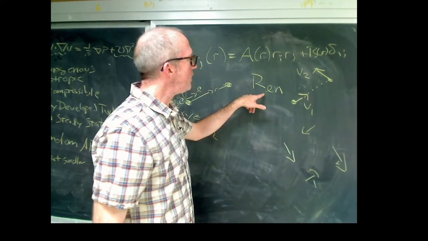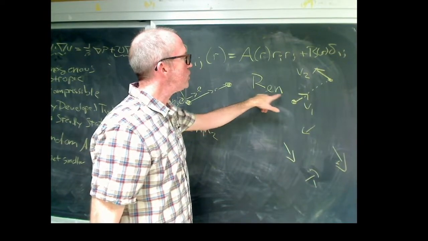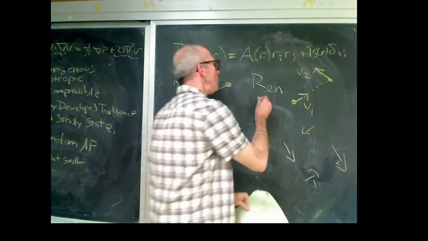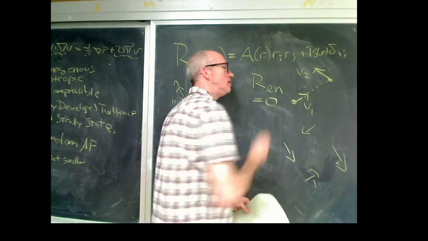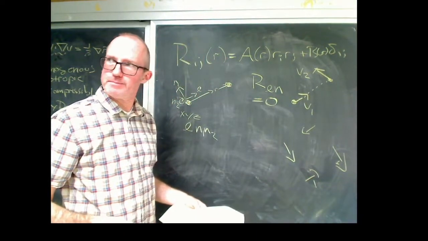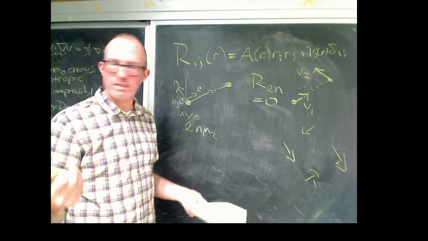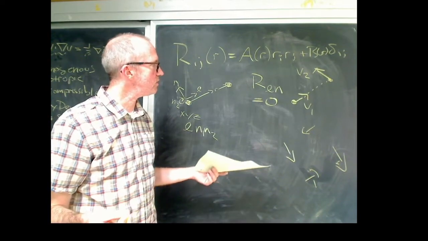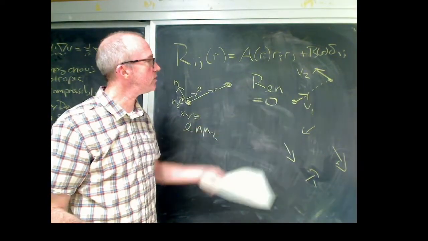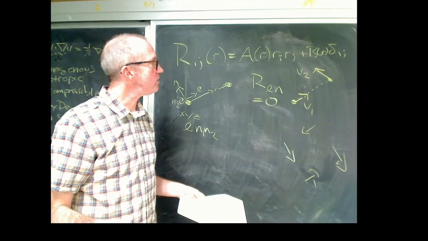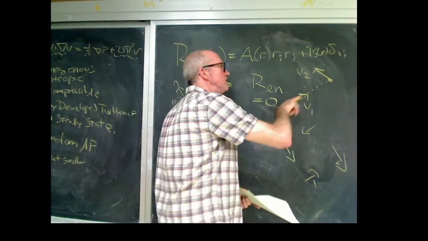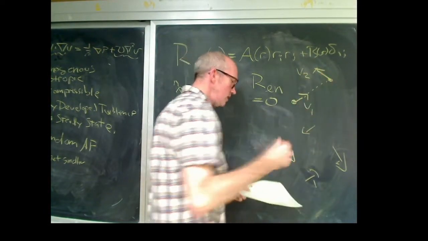So all quantities that look like r times 2 orthogonal quantities are all 0 by the symmetry. Because you can just turn around and you should be able to see the same thing. But you don't, so it's all got to be 0. So all of the transverse components are 0. So this is the correlation of things going in this direction and things going in this direction. Those are all 0.